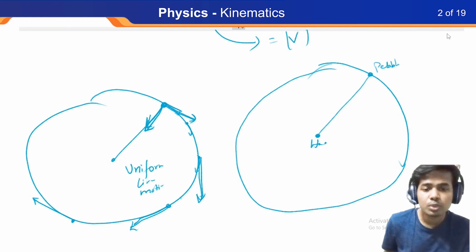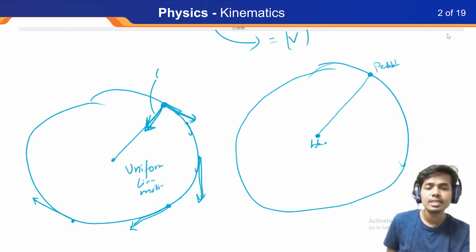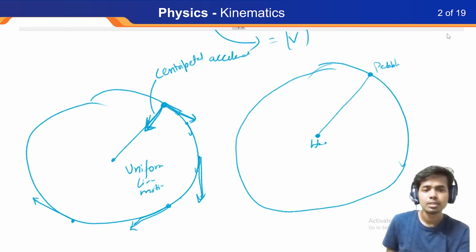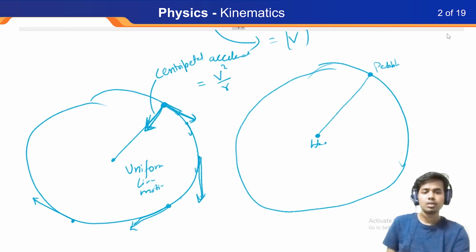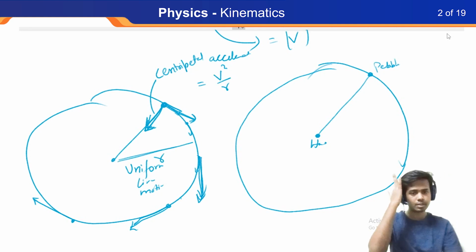So this is called centripetal acceleration, which is equal to v square by r. Whatever the speed is, divided by the radius of the circular trajectory.